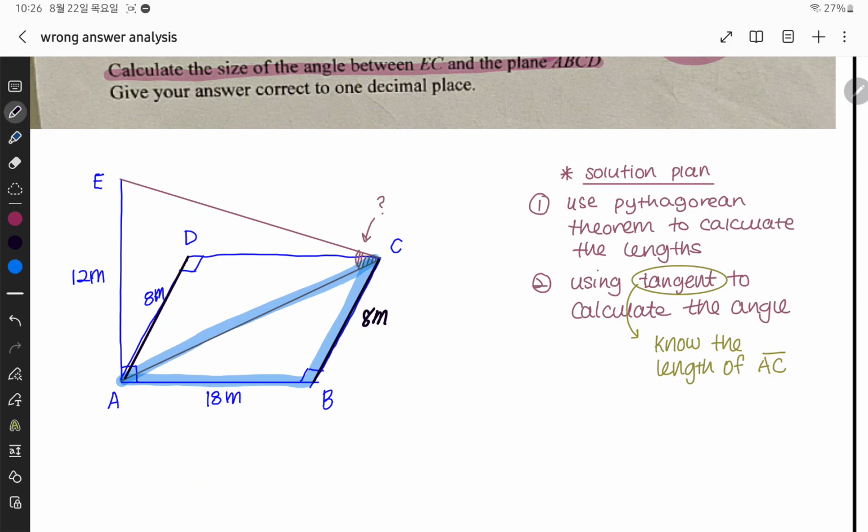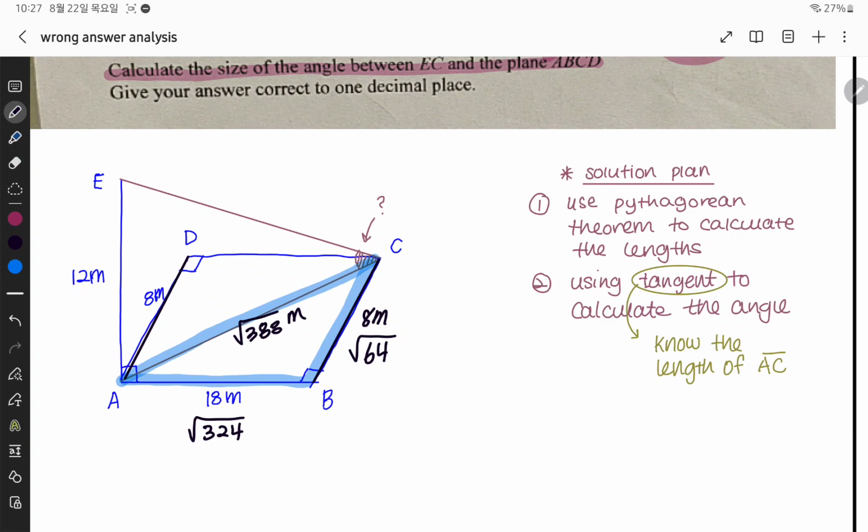So we can calculate it using the Pythagorean theorem, and we're going to get root of 324 plus 64, right? And we're going to add it together. We are going to get root 388, right? Okay, that's the length of AC.